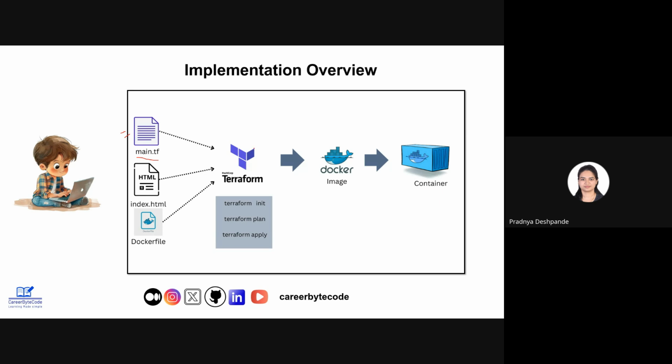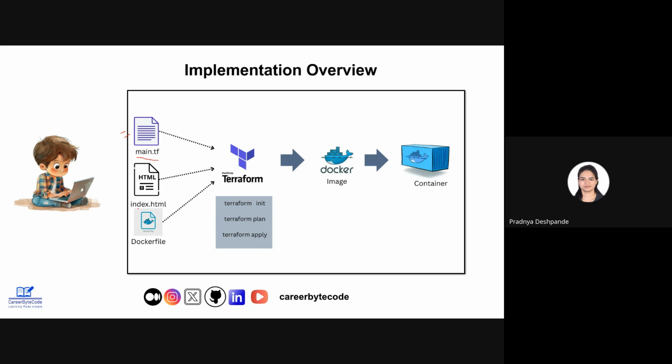Using the Terraform workflow which I just explained, we will create this Docker image and the Docker container. The Docker image will be created based on the configuration written in the Terraform file. For simple understanding, I have prepared this high level diagram.